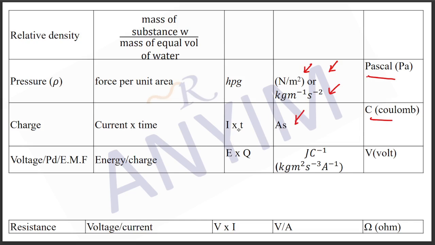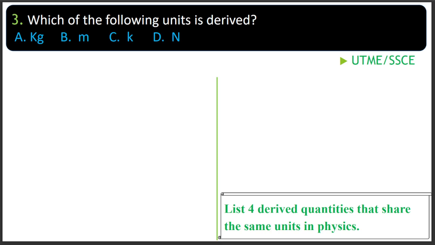All right. Now there are about 8 derived quantities that I'd like you to know in this order, the order in which I'm going to be listing them. Okay, the first one is area, then volume, followed by density.